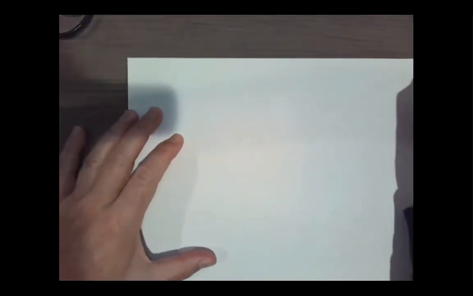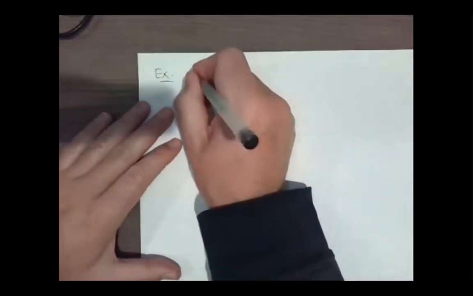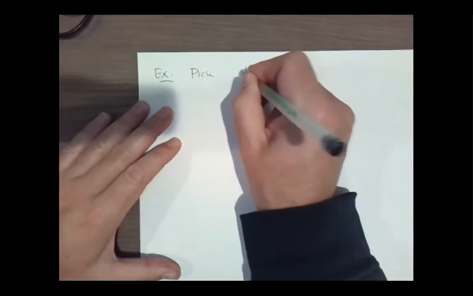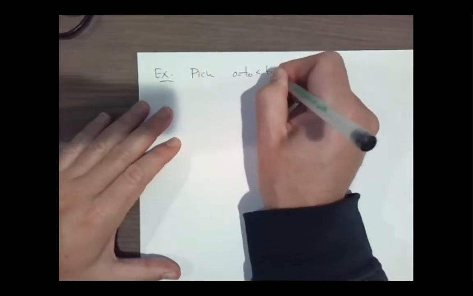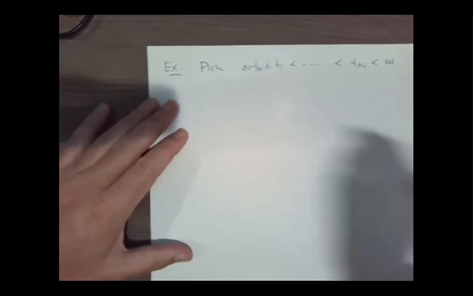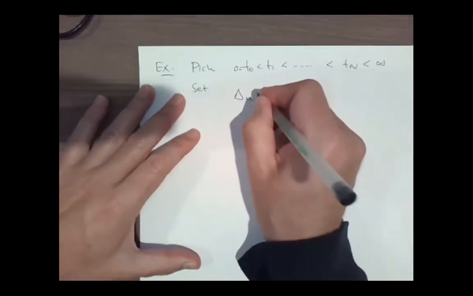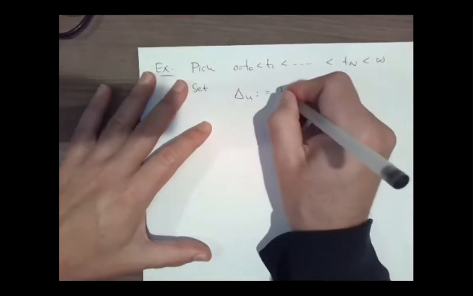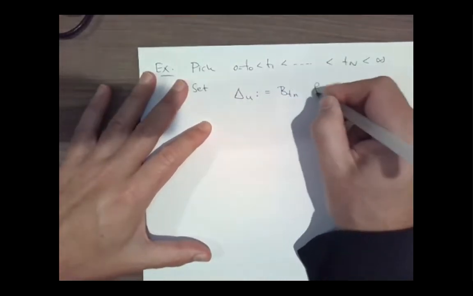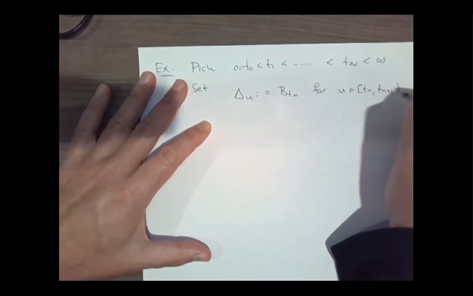So as an example, we could look at: you pick points, say 0 = t0 < t1 < ... < tn, and then you set Delta(u) simply to be Delta_tn for u in the interval [tn, tn+1).